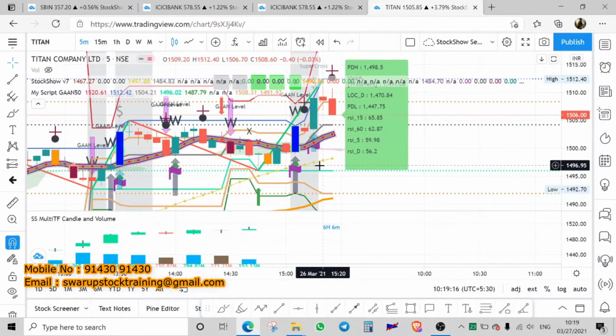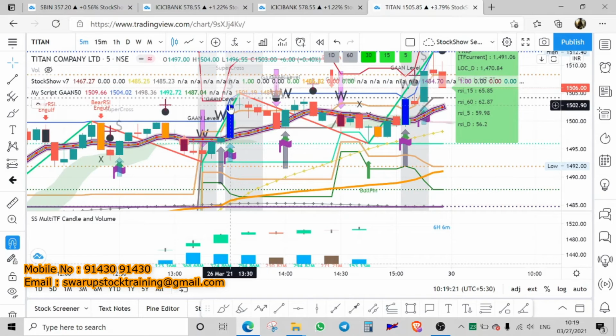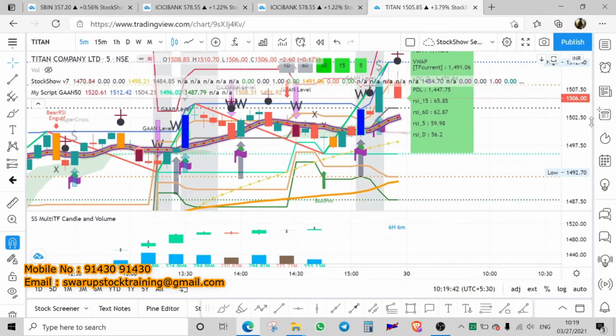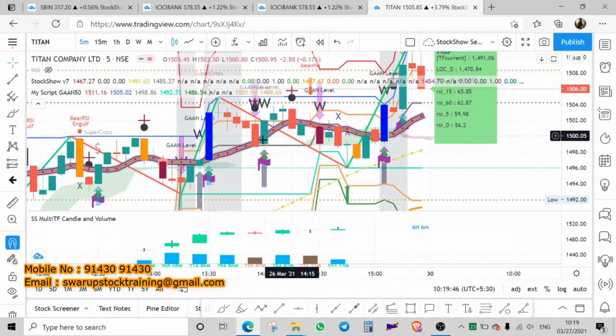In the past, once you have a lightning scanner here, the stock has come down. It has picked up lightning speed. So here Titan has come down from 1503 to 1498. This is a big move, because the stock lot size is high. Okay, 750 lot size.